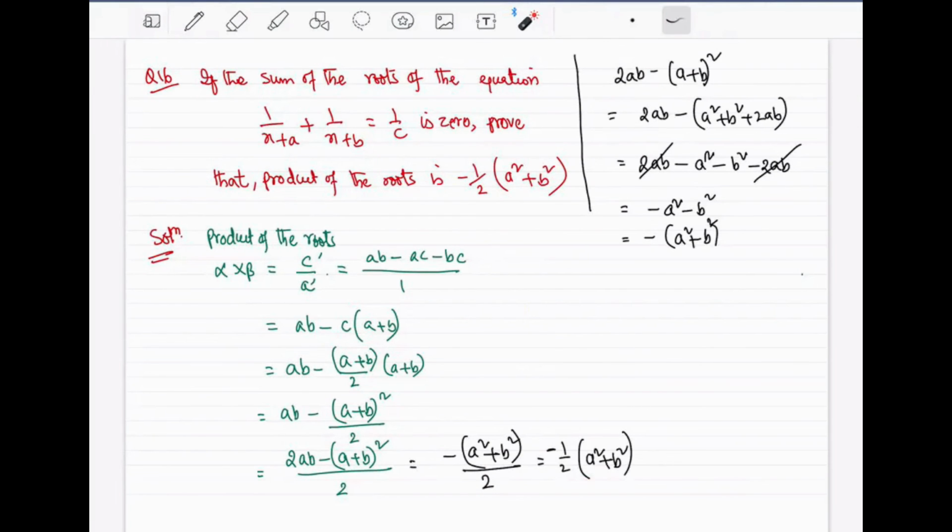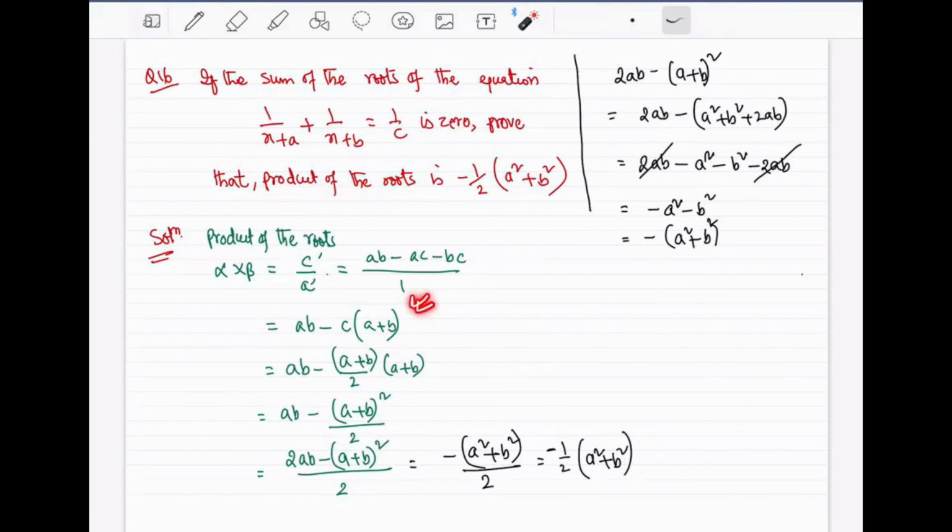Okay, remember this is a little bit long. It may even be given 5 marks. This question is a little bit long. First of all, since this is not the exact form of the quadratic equation, we need to change it first. And then we had a condition given by the question, sum of the roots is 0. And then from here, we find out the product of the roots.